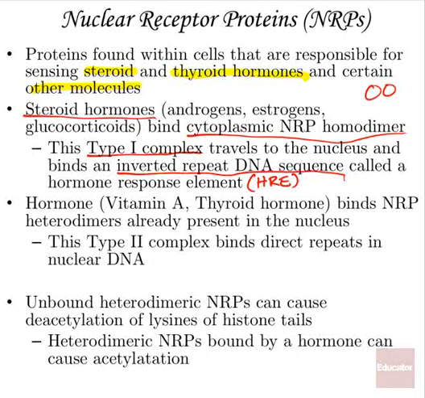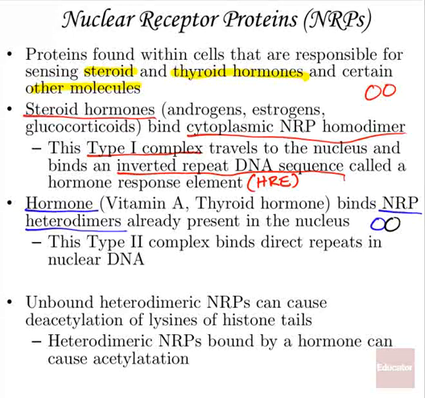A second way that nuclear receptor proteins act is sensing hormones, such as vitamin A or thyroid hormone. They will bind to NRP heterodimers. So in this case, it's two different proteins, right?